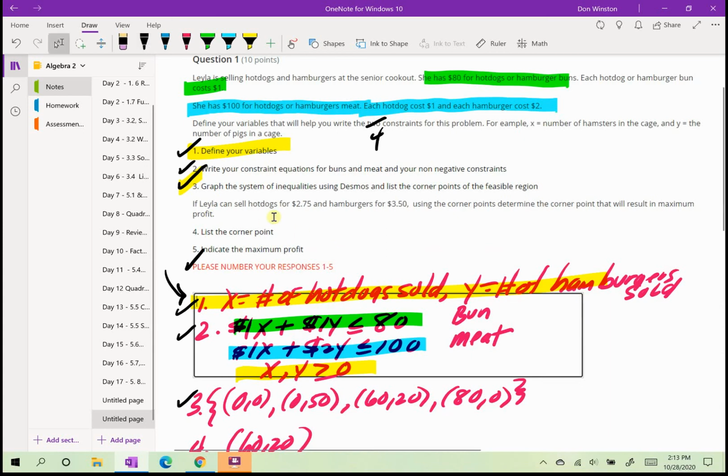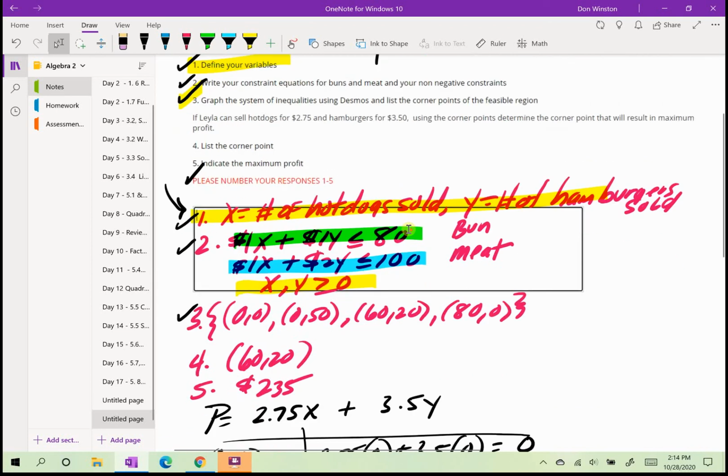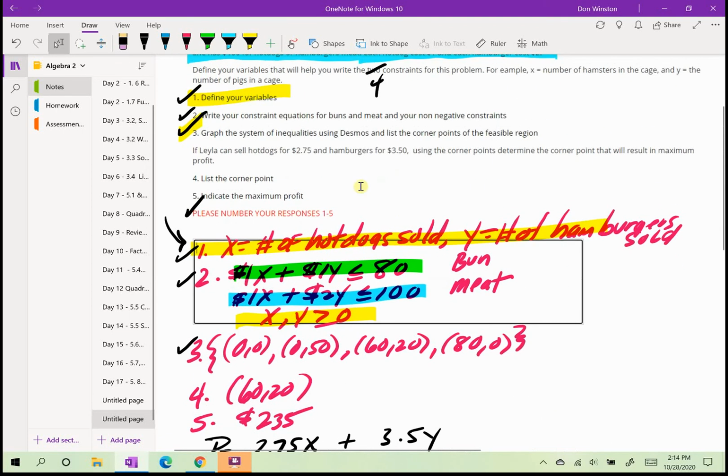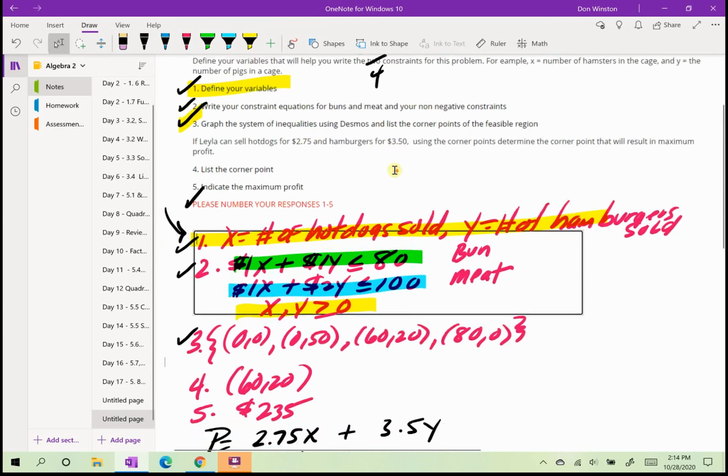Number 4: if Leela can sell hot dogs for $2.75 and hamburgers for $3.50, using the corner points, determine the corner point that will result in maximum profit. So she can sell each hot dog for $2.75 and each hamburger for $3.50.